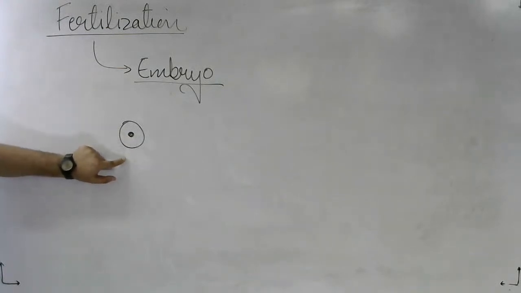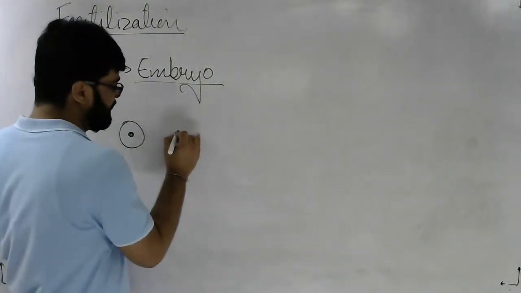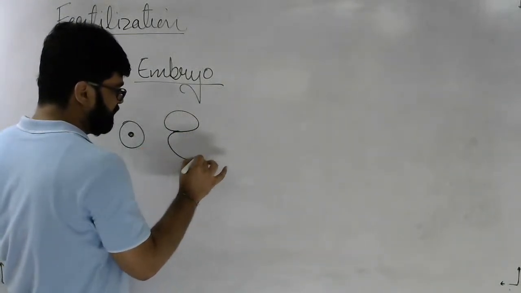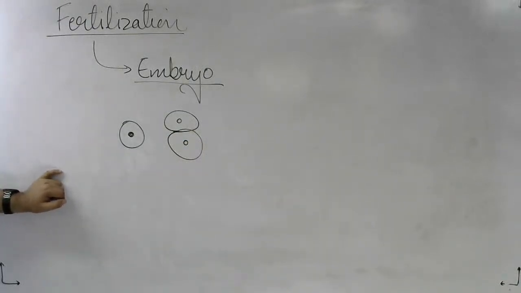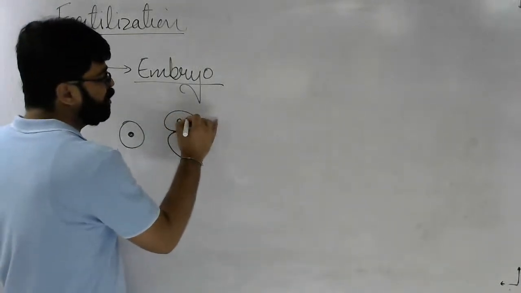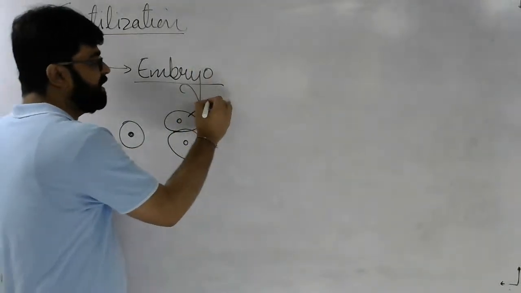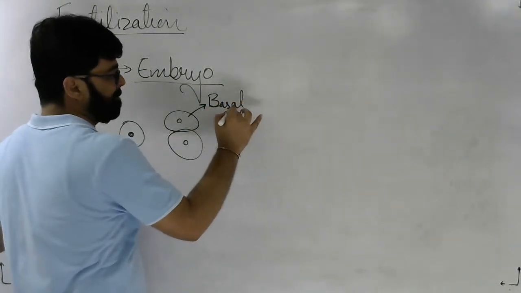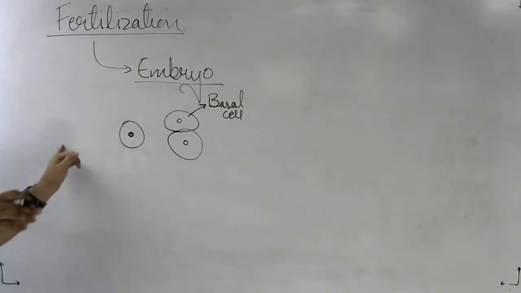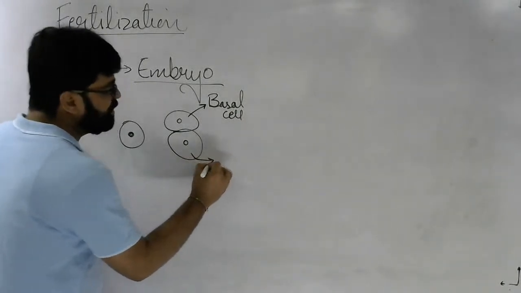Okay. Now this zygote will divide into two different cells like this. Two different cells. The one which is present towards the micropyle end, all right, towards the micropyle end is known as basal cell, and the one which is present away from the micropyle end is known as terminal cell.